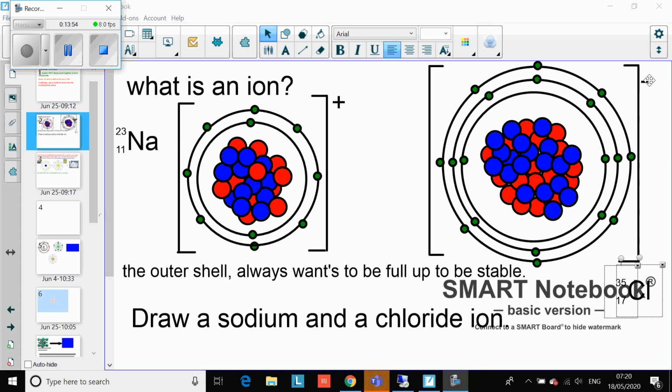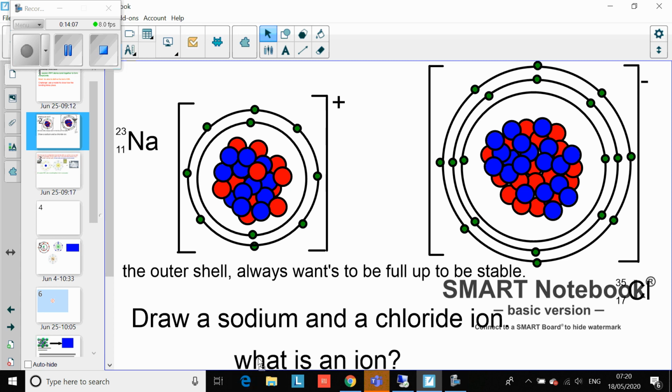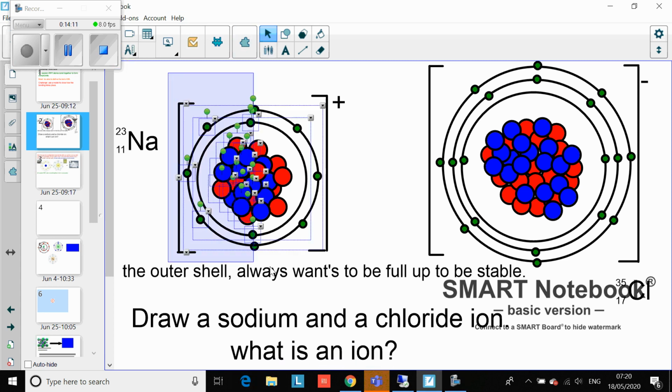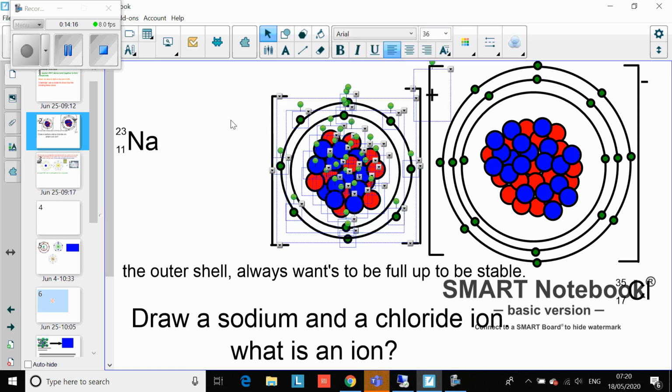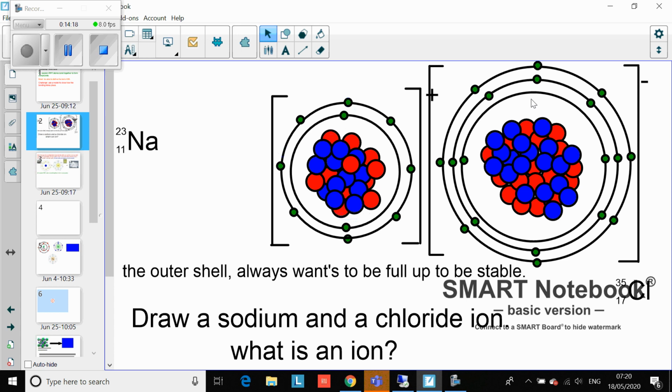And what do positive and negative things do? Well, positive and negative, like north and south poles of a magnet, they attract each other, they stick together. So if I just quickly move this out of the way, essentially what happens is this. The positive sodium will move towards and stick to the negative chloride ion.